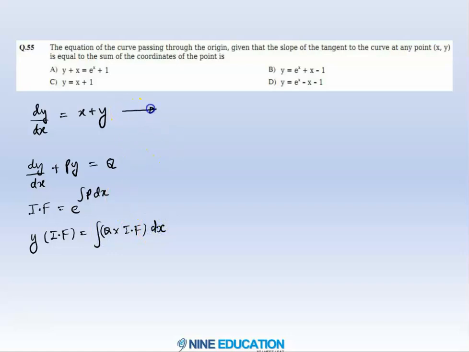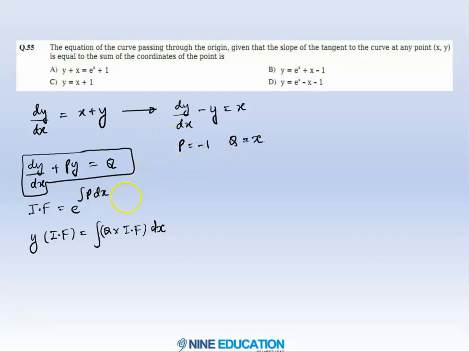If you change this slightly and write dy by dx minus y is equal to x, you will realize after comparing with the standard format that the p value is minus 1 and the q value is x. So our integrating factor will be e power integration of minus 1 dx, which is e power minus x.